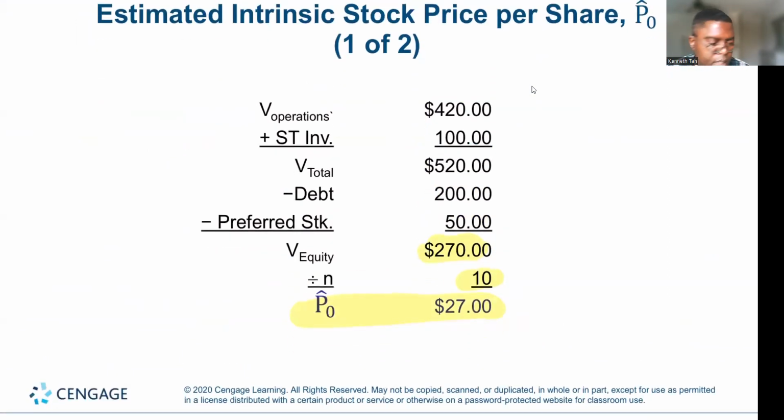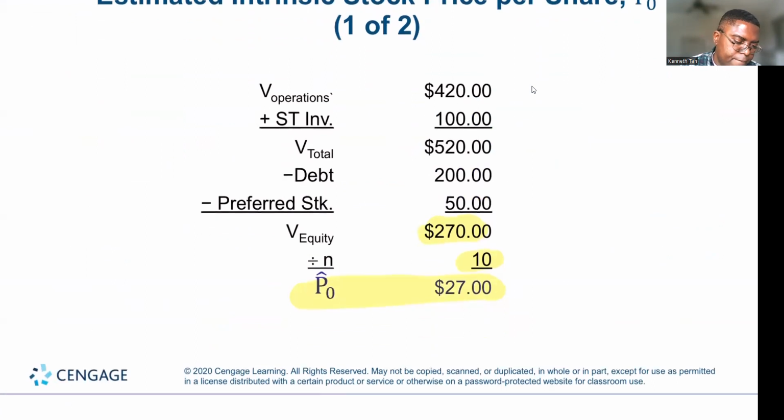So this is really where we want to be. So this is how we solve this problem. So we've been able to value equity for this company, or calculate the price of this company.